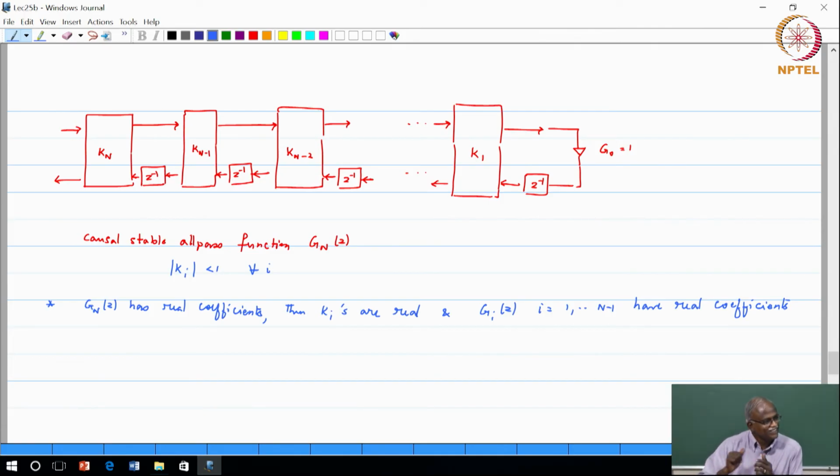Those are just the reflection coefficients. That is actually what you do for the all pass structure. It is actually the test for stability of a polynomial. How do you test for stability of a polynomial? If you take any polynomial, take your polynomial to be b of z, construct an all pass, and then compute all the k coefficients, and all of them come out to be less than 1, you are guaranteed that it is a stable transfer function, that all the zeros are inside the unit circle.